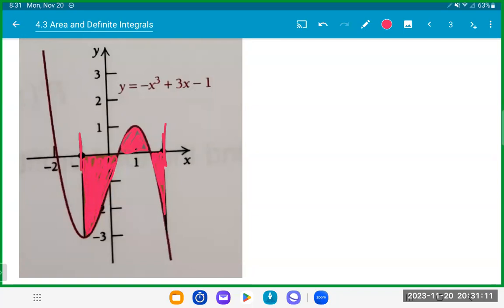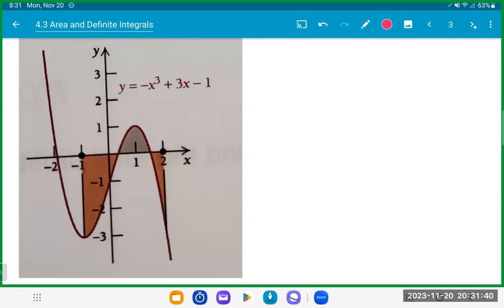So in estimation, I should expect that the sign of my integral will be negative, because I have more of the graph below the x-axis than I have above the x-axis.